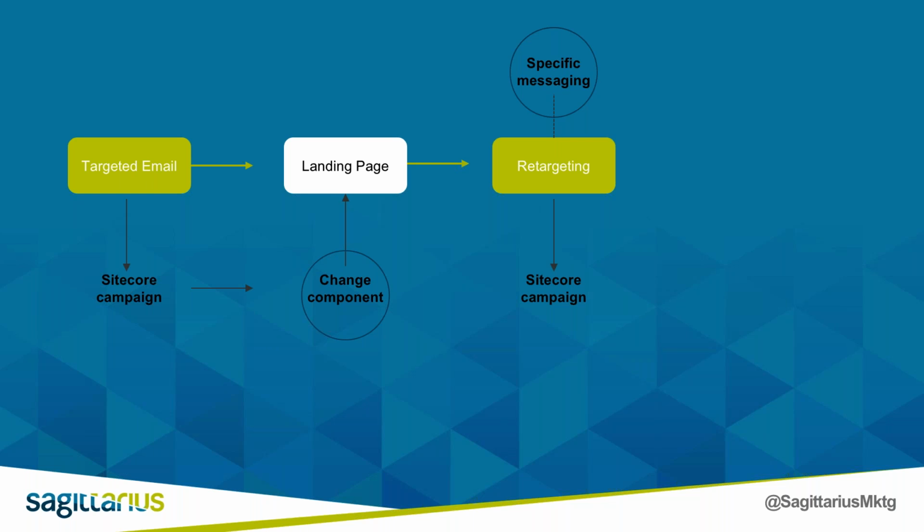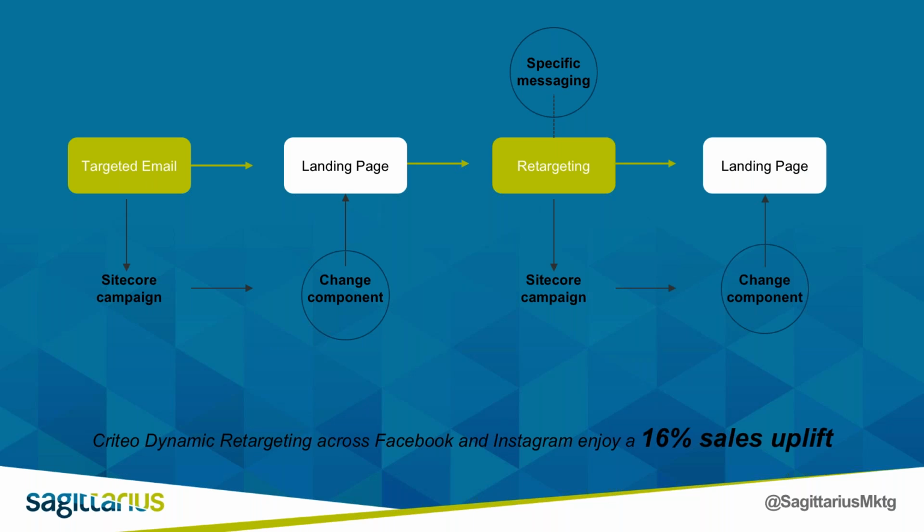So that delivers a specific message according to the campaign and how far through the funnel they are. With that retargeting campaign, we can add on an additional or a different Sitecore campaign code. They will land on a new landing page, and we can again change a component based on how far through the funnel they are and tailor that communication.